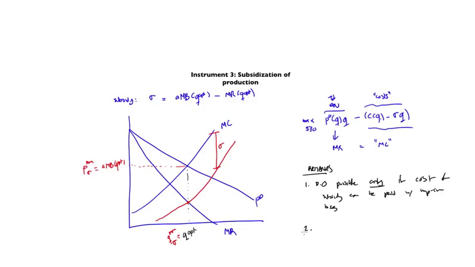The second point that is important is that in general, or typically, this policy has bad distributional properties. And the intuition is very simple. What the policy does is it taxes the consumers and it gives the cash as an incentive to the producer.